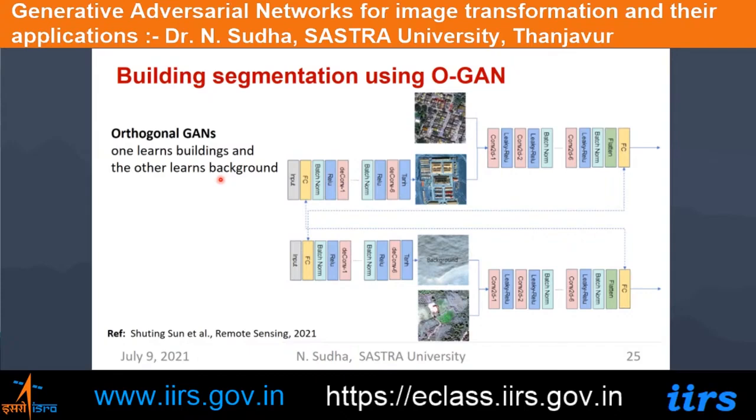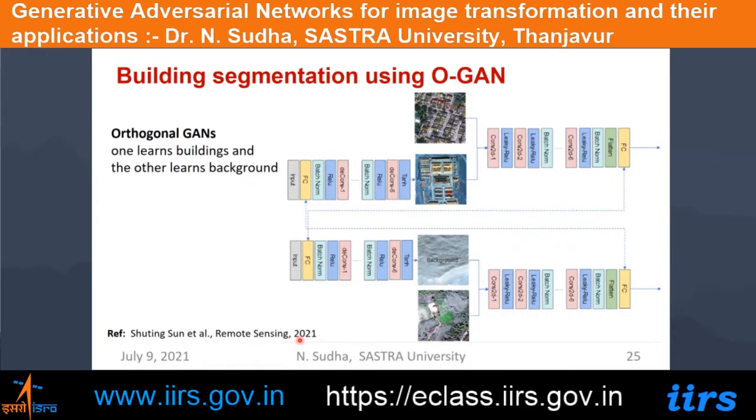That's why it is called orthogonal GANs, because one GAN tries to learn one component of the image, and the other GAN tries to learn the other component. When these two orthogonal GANs are trained and a new image is given, it extracts the building information from it. More details are available in all these papers.